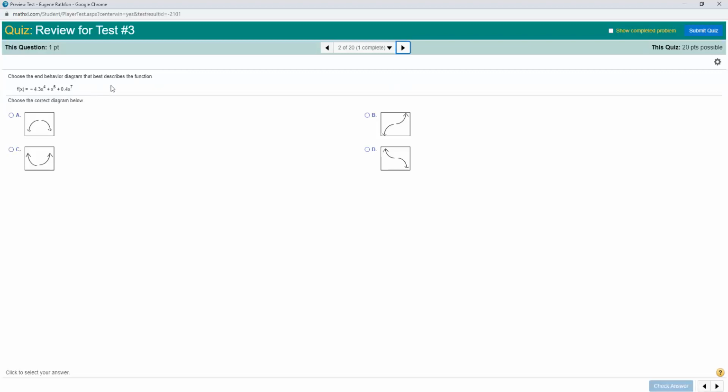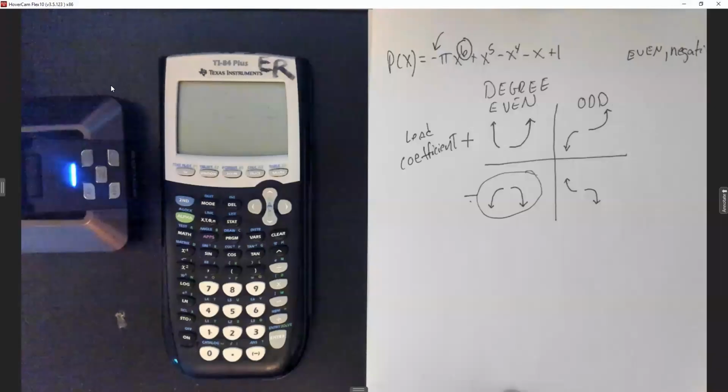So if you look at your chart, when your degree is odd and a positive lead coefficient, my graph should go uphill left to right. So that's all I'm looking at on this is biggest exponent, even or odd, number in front, positive or negative.